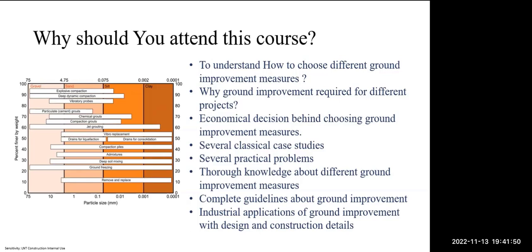Due to the vast geological and geotechnical and site conditions, choosing ground improvement in different parts of India is very challenging. We will discuss several practical problems with design sheets, how to decide the ground improvement measures, and thorough knowledge about the different ground improvement measures.